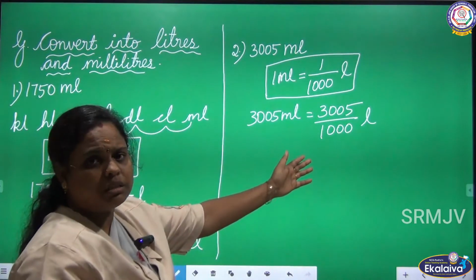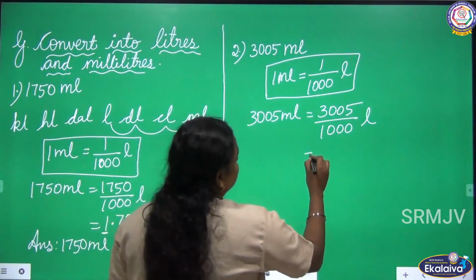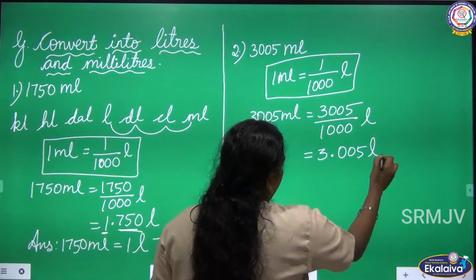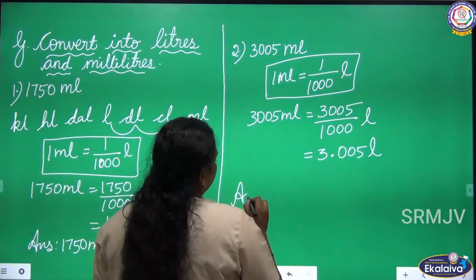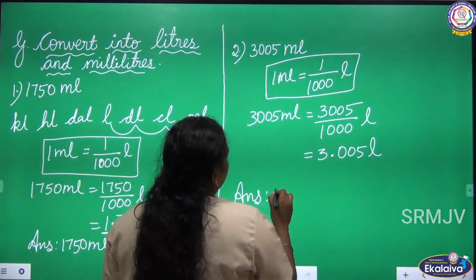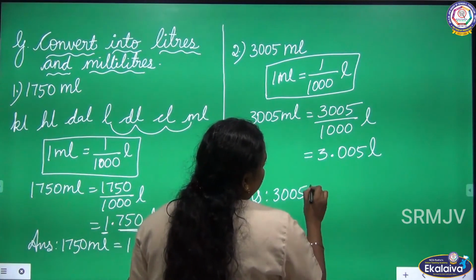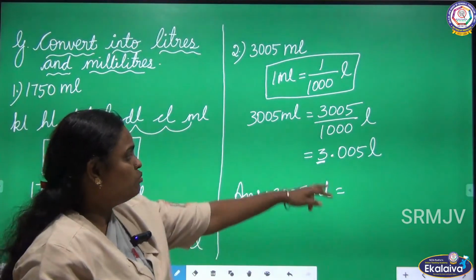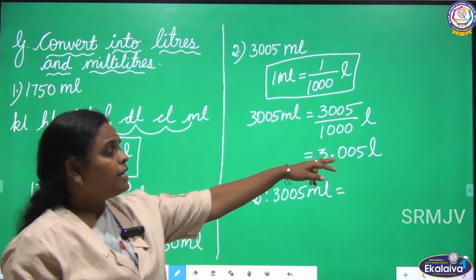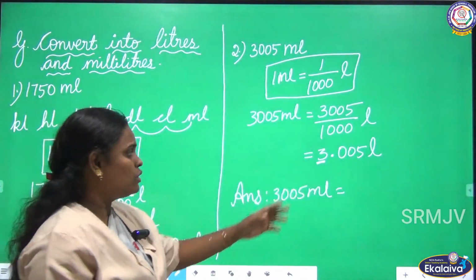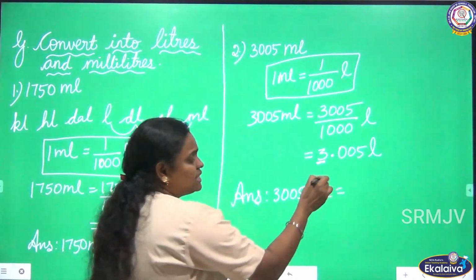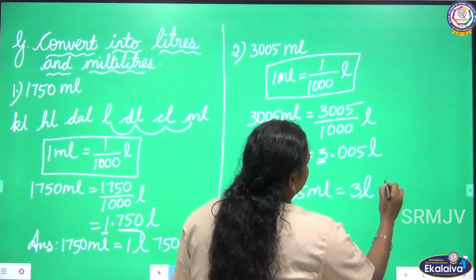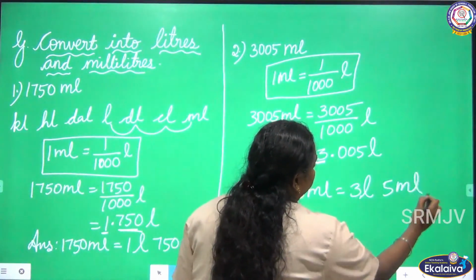In the denominator 1000, so 3 decimal places, so 3.005 liter. So how many liters, how many milliliters? 3 liters. Then milliliters, you should write only 5. No need to write 005, because zeros before the number have no value. So you can write 3 liter and then 5 milliliter.